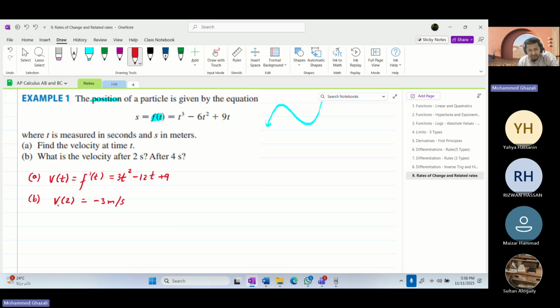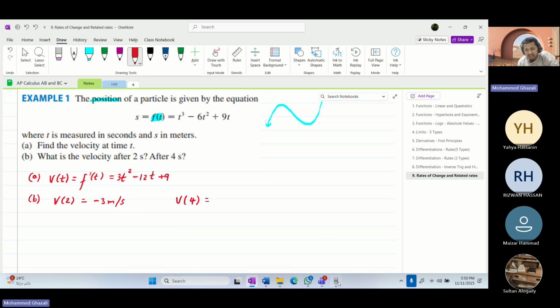Right, so we found V of 2 means negative 3 meters per second, right? In other words, there's a direction change here, isn't there? It changed direction, correct? What about the next one? V of 4. Substitute 4 into the derivative function.